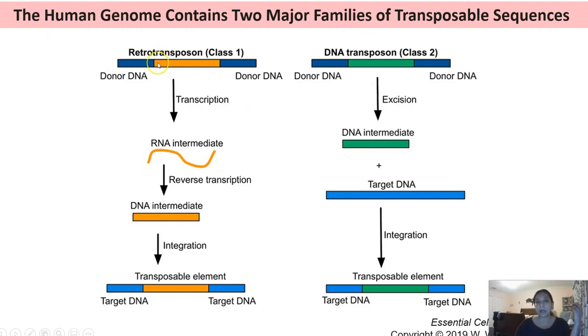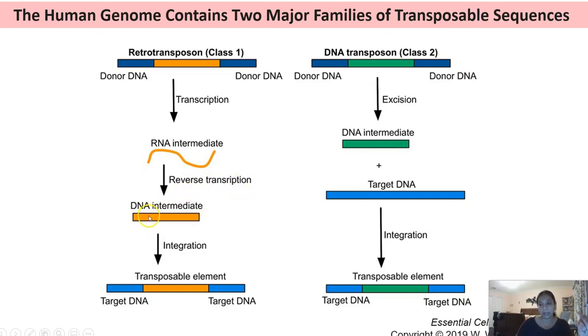This transposon does not just cut and paste. This is kind of like that one that will replicate and then give another copy. So now you will have two copies instead of one at the end. So in this case, this will transcribe the sequence that's present there into an RNA intermediate, which is then changed into a DNA intermediate through reverse transcription.